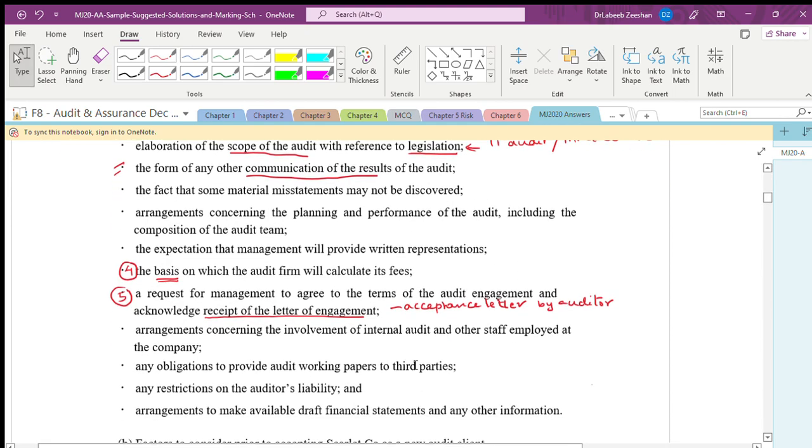And any obligation to provide working papers to third parties. Are there any restrictions? Any restrictions on the auditor's liability? Now, these many are there. You choose it. Whenever you are doing like this, make it a point, they will not ask you more than 6.